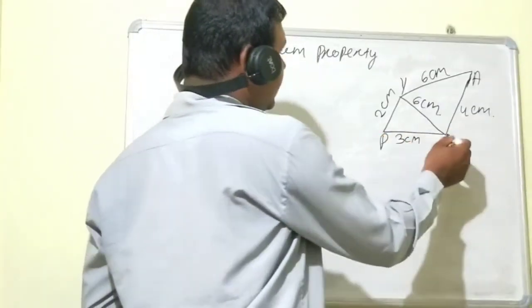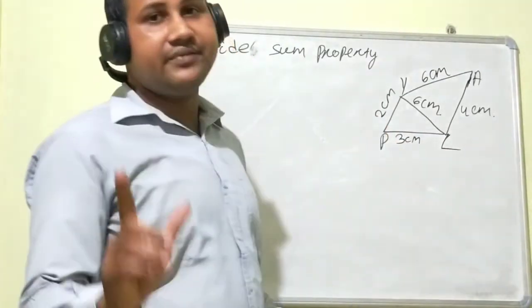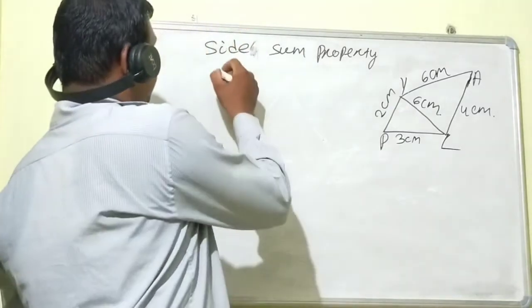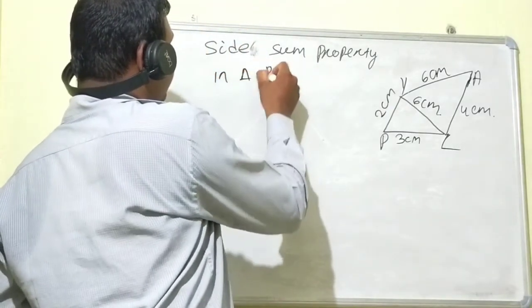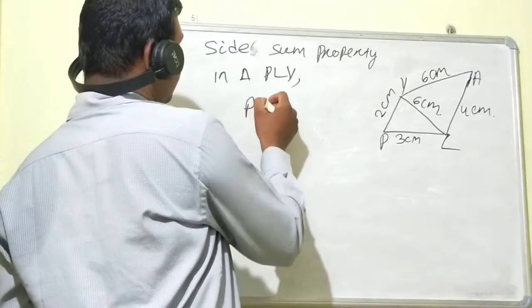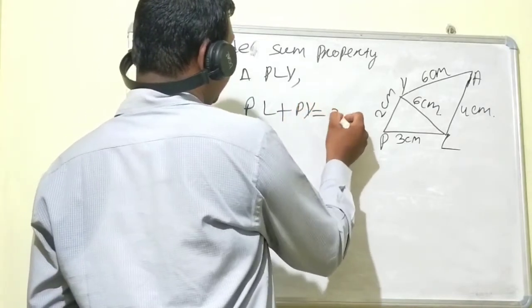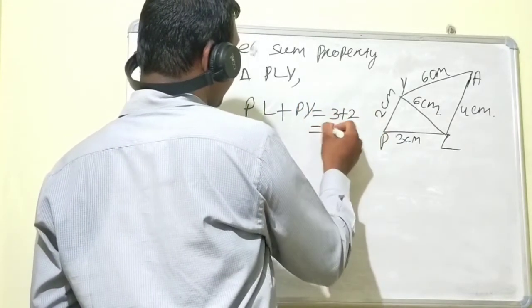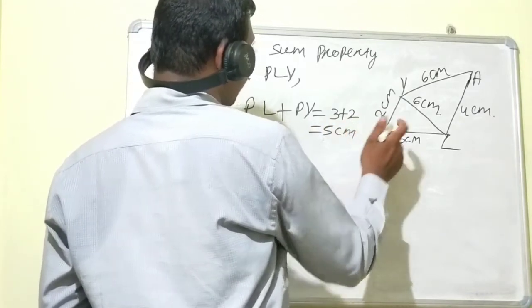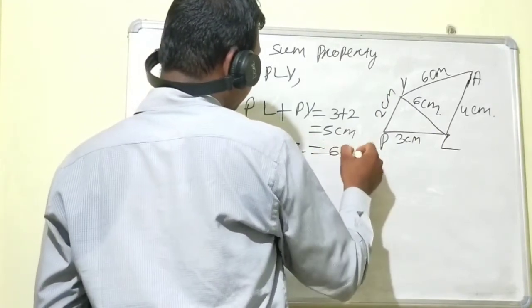So in triangle PLY, PL plus PY, that is 3 plus 2, 5 centimeter, is less than YL, which is given 6 centimeter.